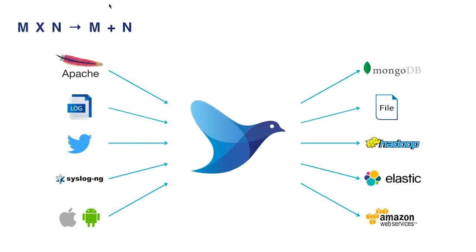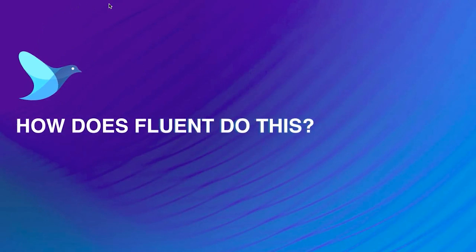So Fluentd replaces these dozens of loosely coupled and uncoupled scripts with a simple mechanism with input plugins and output plugins that can listen to all of our data sources and route the data into the correct places without introducing unnecessary complexity. So how does it do it?